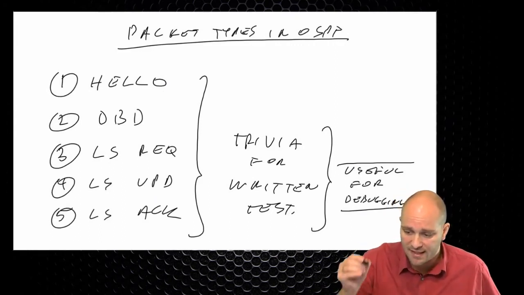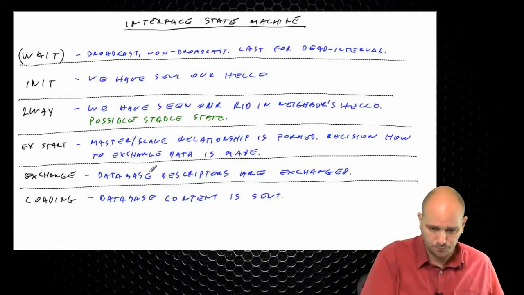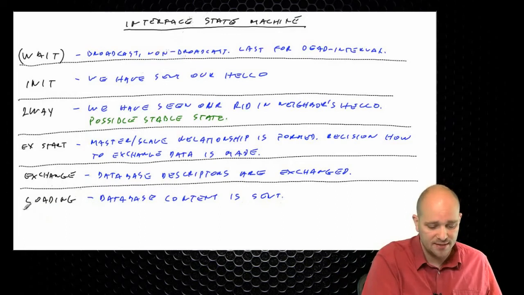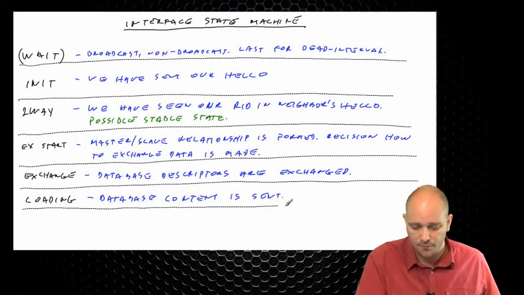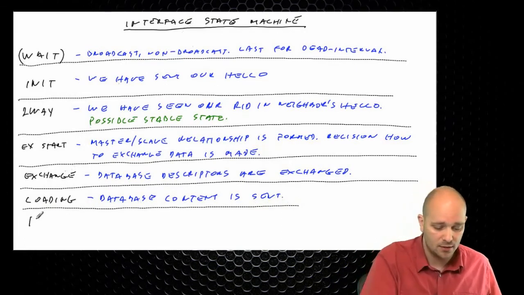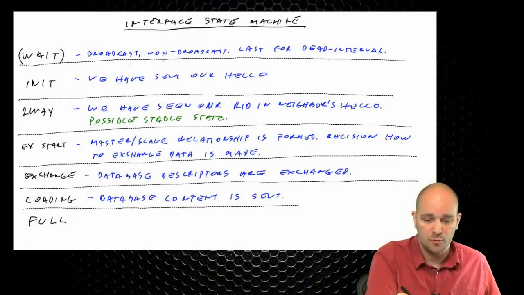So this is the interface state machine at this stage now. And last but not the least, there is a last phase, which basically is full, which means database is in sync.